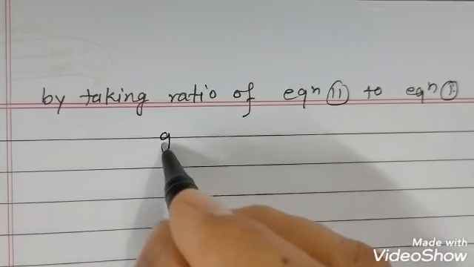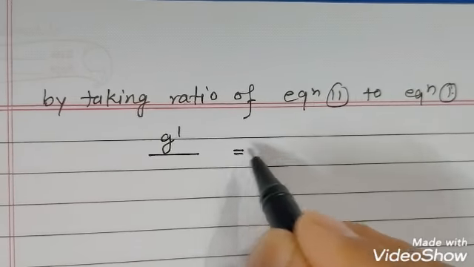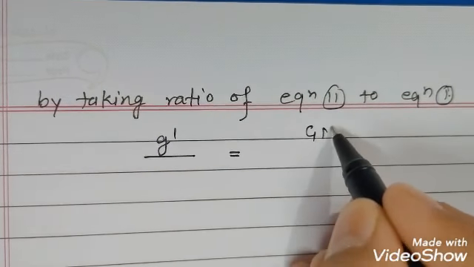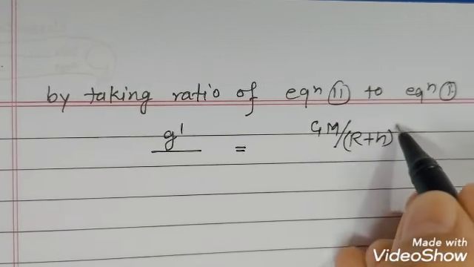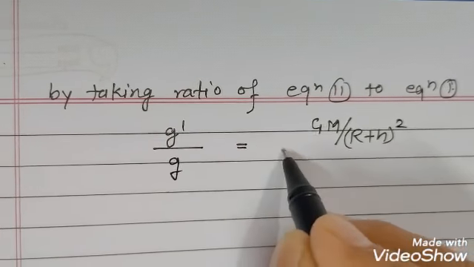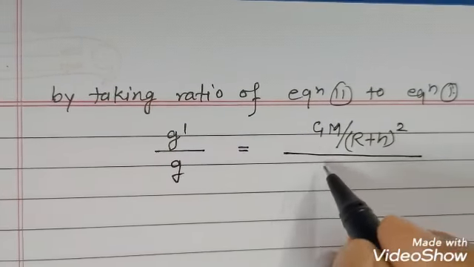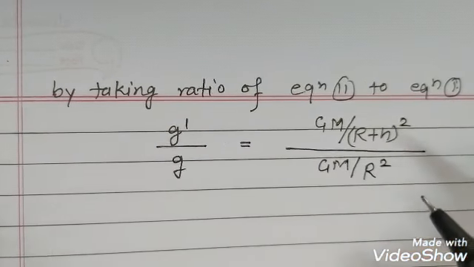Equation 2 is g dash equal to GM upon (r plus h) square, and equation 1 is g equal to GM upon r square.